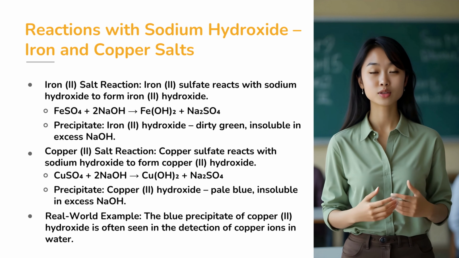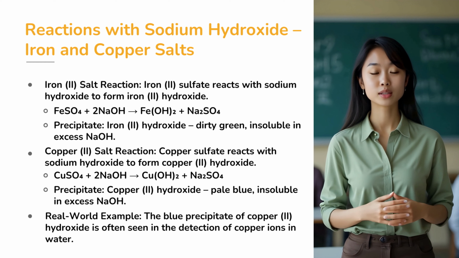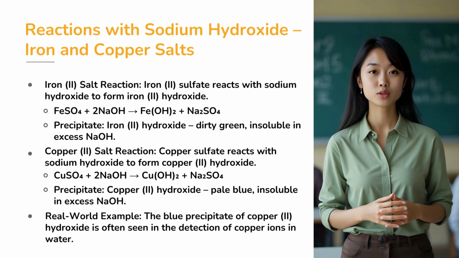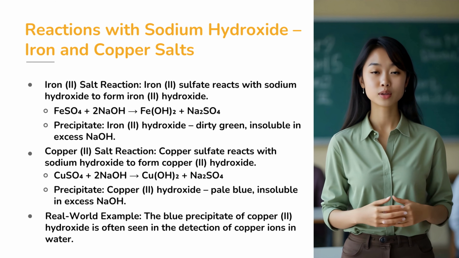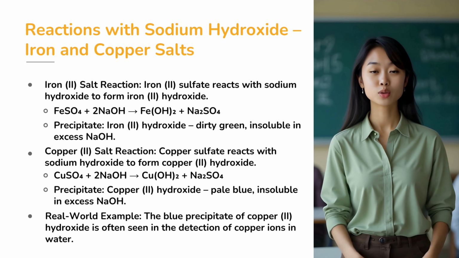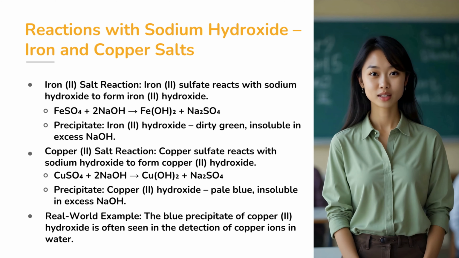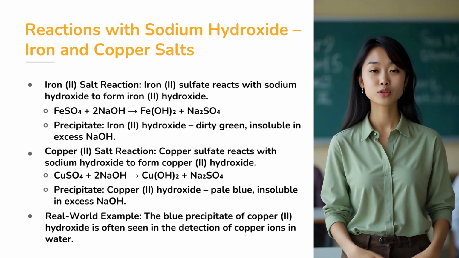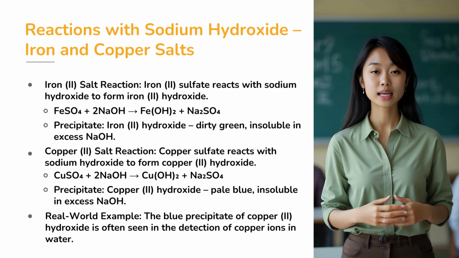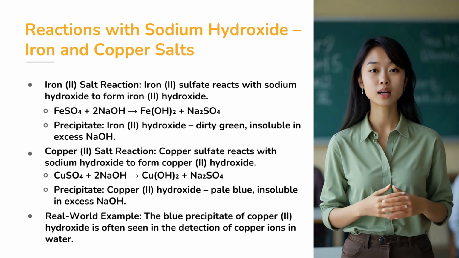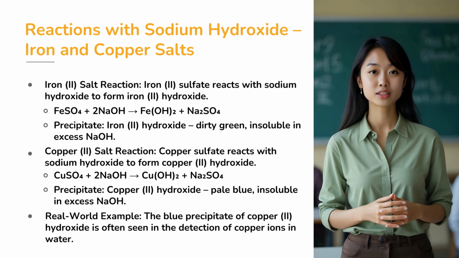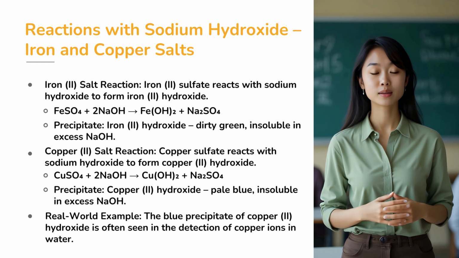Sodium hydroxide reacts with iron(II) salts like iron(II) sulfate to form iron(II) hydroxide, a dirty green precipitate. The equation for this reaction is iron(II) sulfate, FeSO4, reacts with 2 moles of sodium hydroxide, NaOH, to form iron(II) hydroxide, Fe(OH)2, and sodium sulfate, Na2SO4.